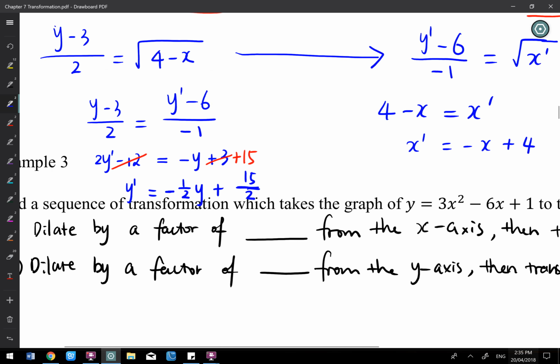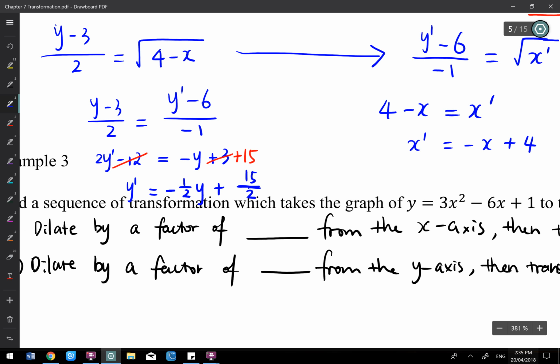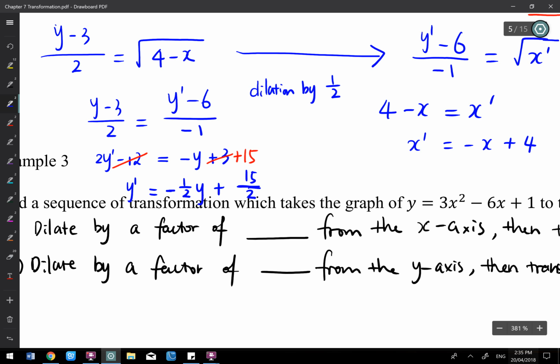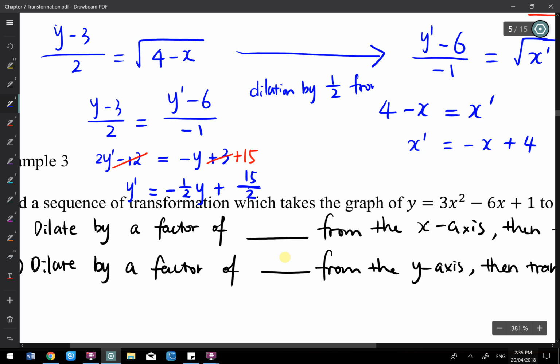So now we can talk about the transformation. If we talk about dilation, a half is the dilation. Dilation by a factor of a half from the x-axis. I'm not going to write a full sentence, not enough space.